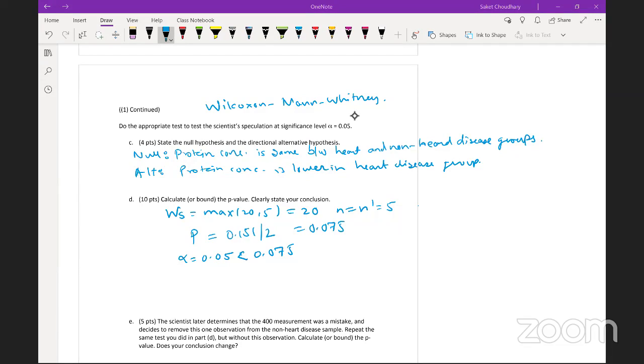Okay. All right. So what we're doing is we still want to conclude, what is our conclusion, right? So your P is greater than alpha, and hence we fail to reject the null. Okay.